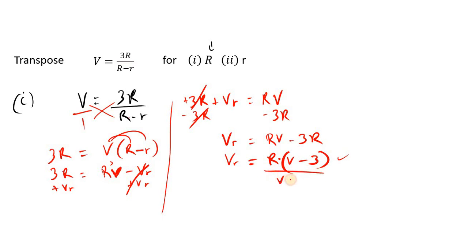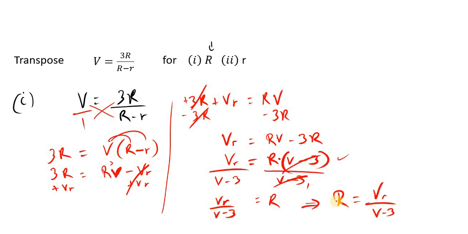So we can divide both sides by the quantity V minus 3. This cancels this. And what we are left with is capital R equals VR over V minus 3. This is our solution.